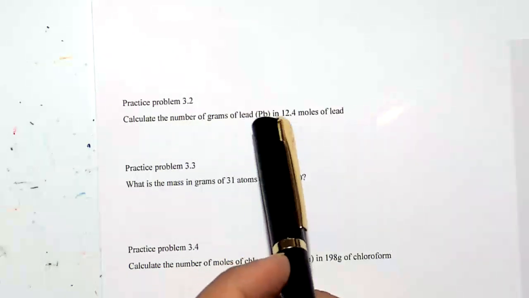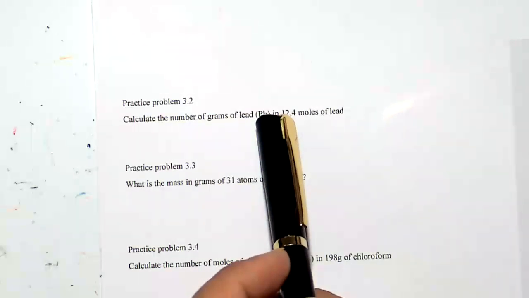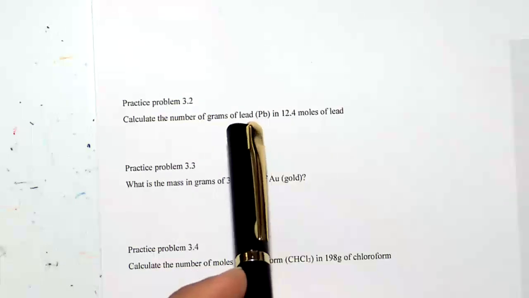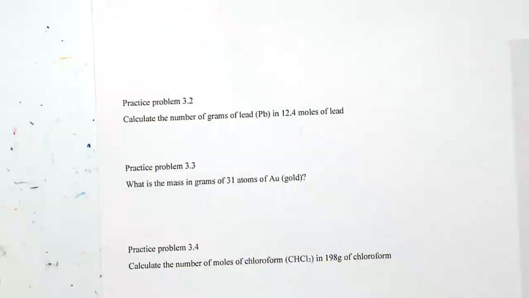All right, calculate the number of grams of lead in 12.4 moles of lead. Okay, moles of lead to grams of lead. Guys willing to do this here? How will we do this?